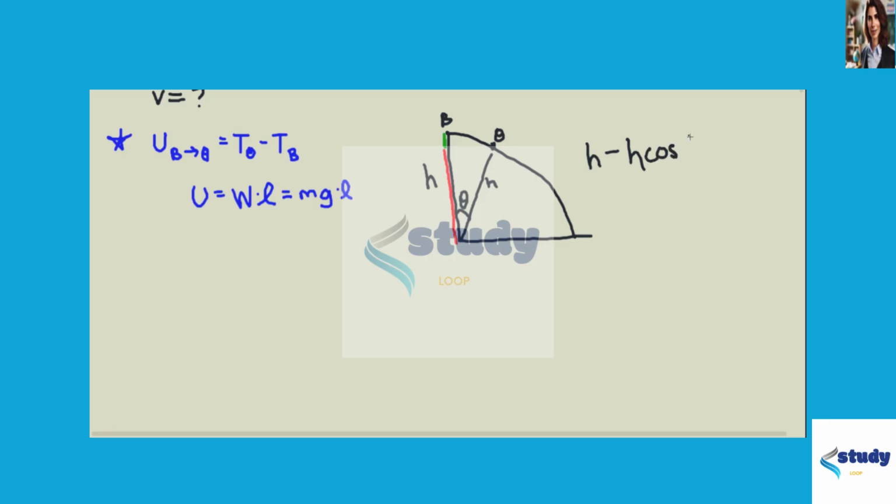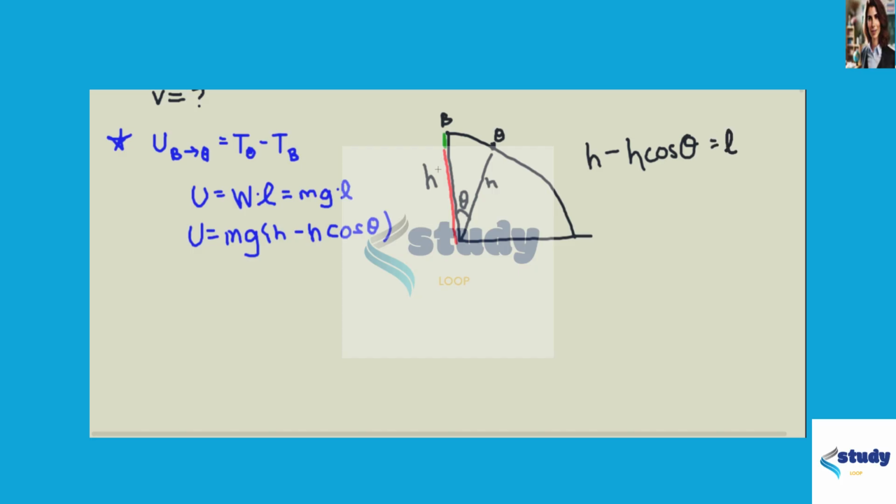So plugging that back in, we have our work equals mass times gravity times h minus h cosine theta. Just to clarify, this is the displacement.